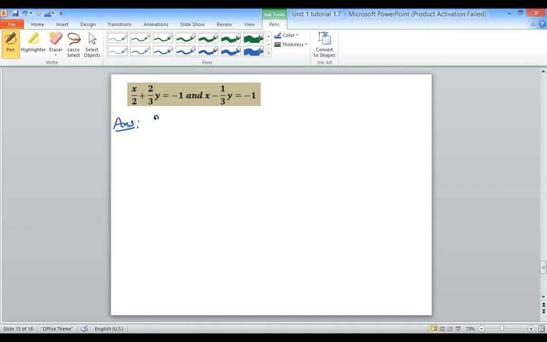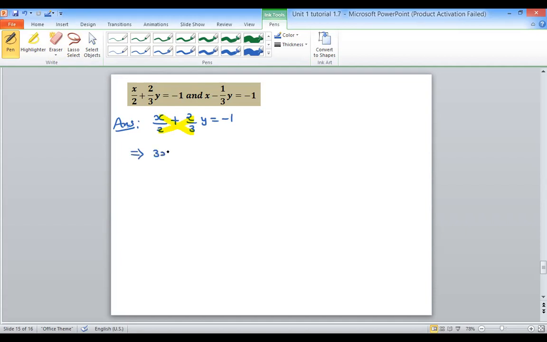How? Look here. This is your first equation, x by 2 plus 2 by 3y is equal to -1. You can take the cross multiplication. This 3 is multiplied by x and this 2 is multiplied by here. So what happened?